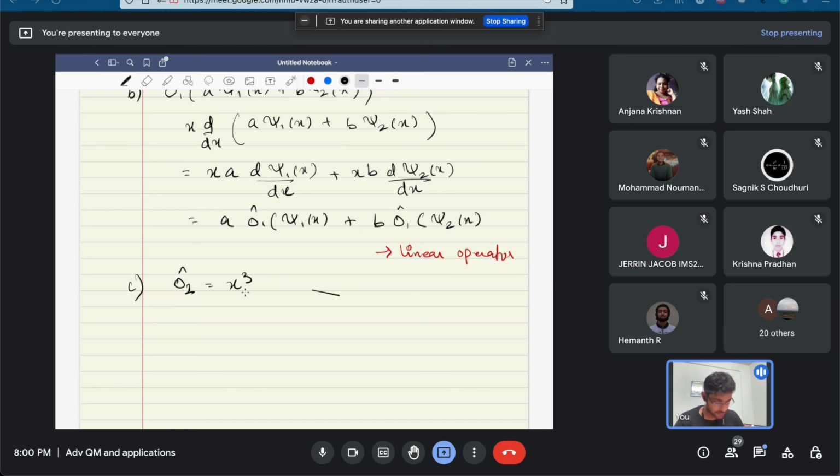So when x operates on psi of x, it just gives us x psi of x. There is nothing special happening here, right?